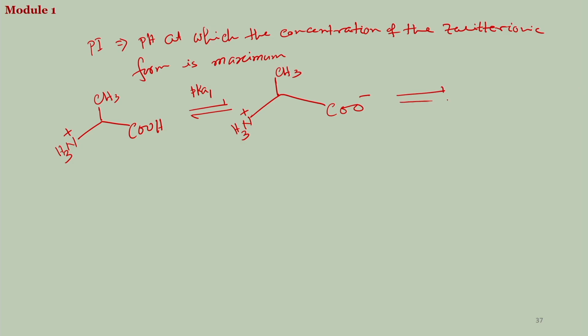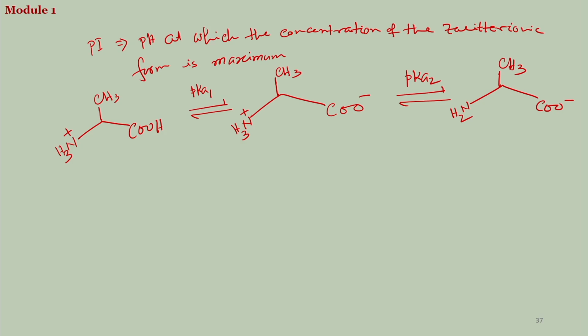Then as you move further on, eventually the NH3 plus should be deprotonated also and will become NH2. So, this is your pKa2, the second pKa. The first pKa is for the carboxylic acid, and the equilibrium is from the free acid to the carboxylate anion. The second pKa is for the deprotonation of the NH3 plus to NH2, the basic group.